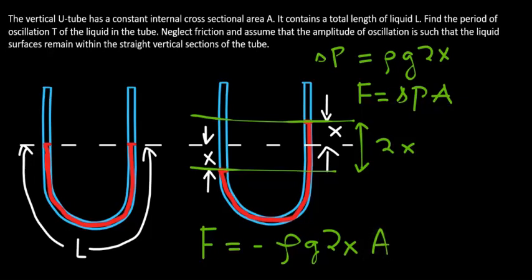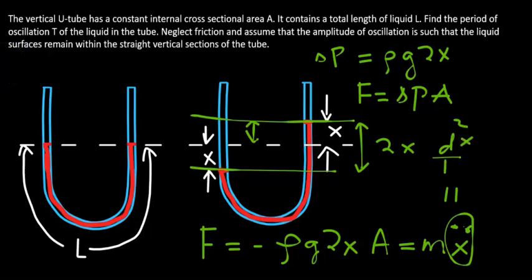By Newton's second law, this is mass times the acceleration, and the acceleration is written in terms of that x coordinate. In this case, x is measured as the distance the liquid column rises above the equilibrium level. Now note there is a double dot as we have discussed earlier. That means it is d2x dt squared.